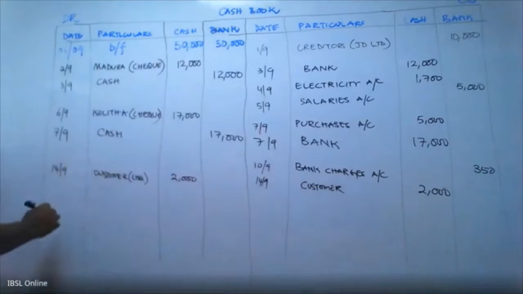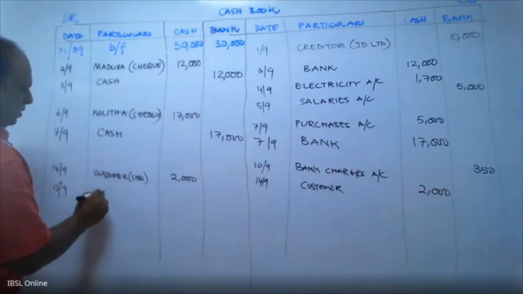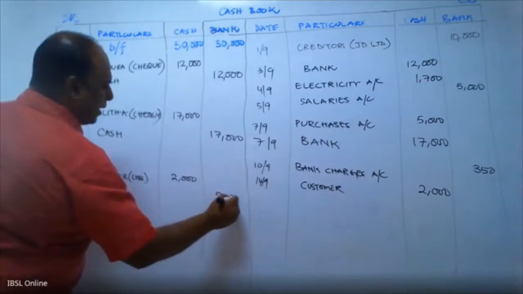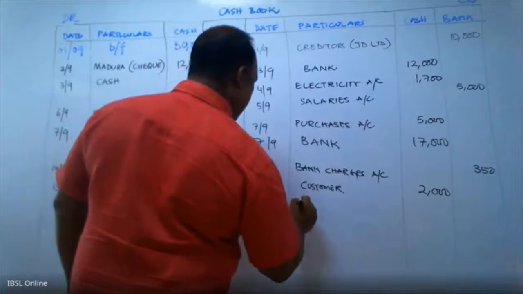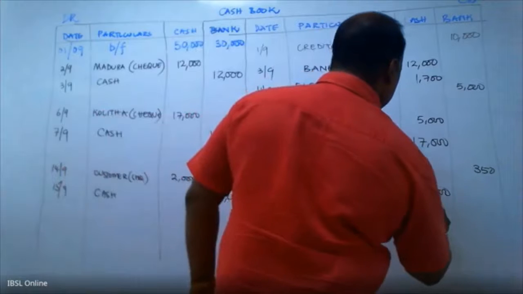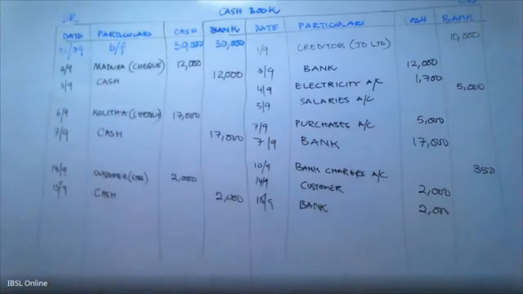So on the subsequent day, you will put it to your bank account, and here you will credit cash. Okay, so basically you have given out cash.